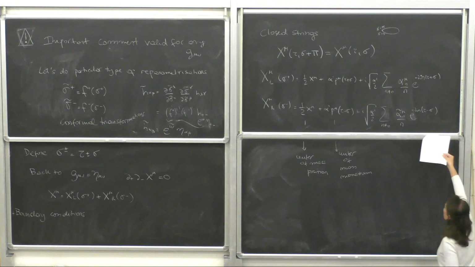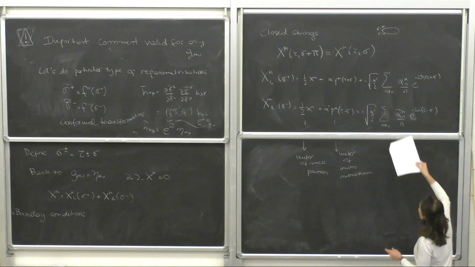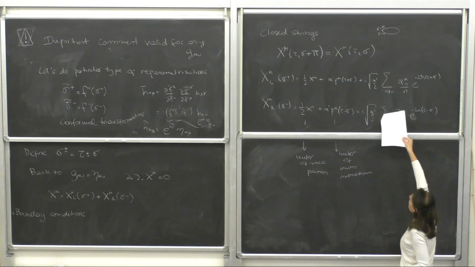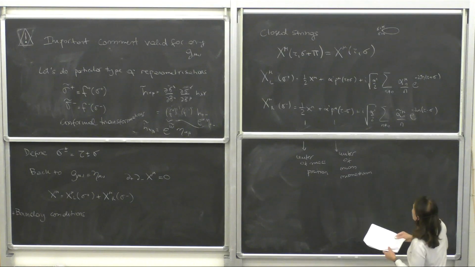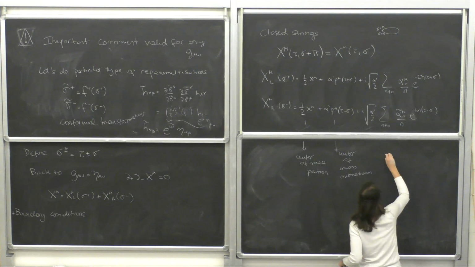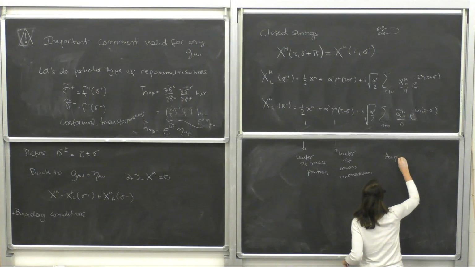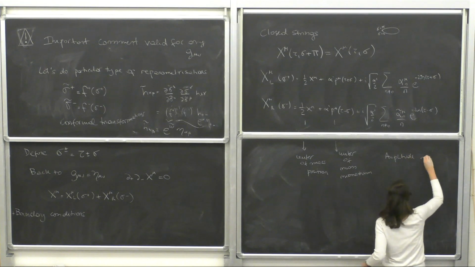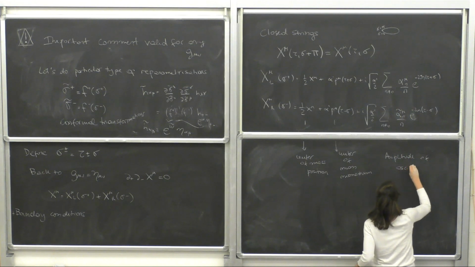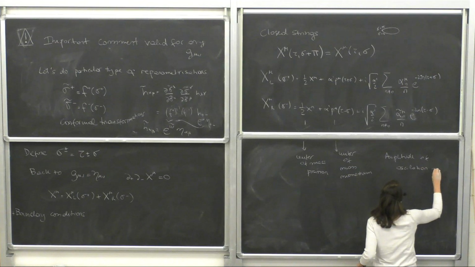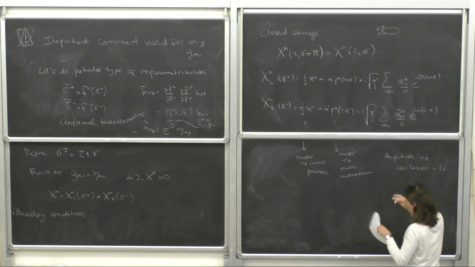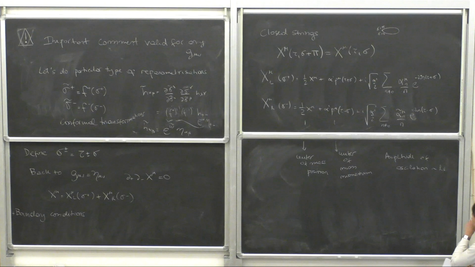So these are the oscillations. The amplitude of the oscillation is square root of alpha prime, which is L string. So the amplitude of the oscillation is of the order of L string. It's a tiny oscillation.